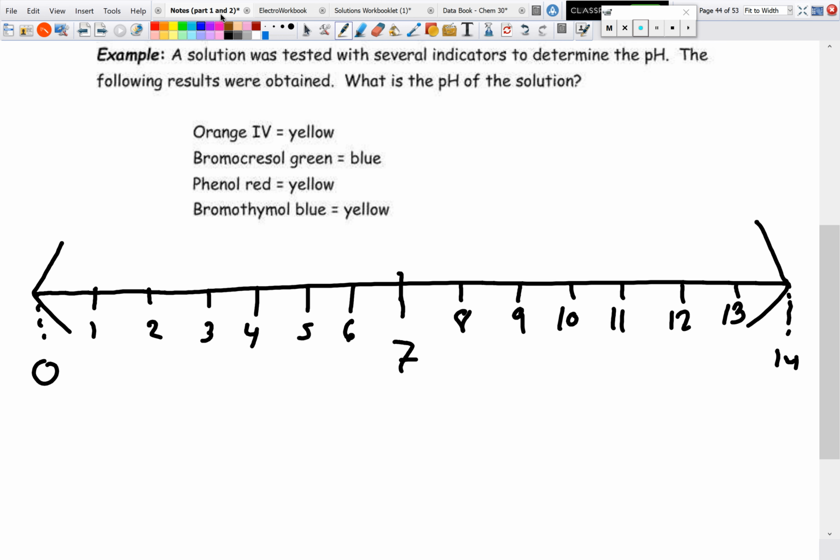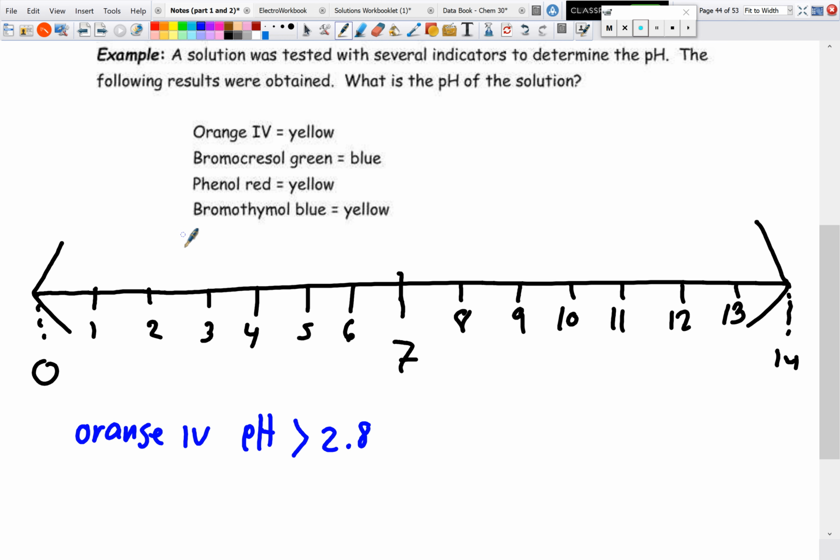So we know from this one right here, with our orange 4, I'll just write this in here. So orange 4, pH is greater than, was it 2.8? So that means from our orange 4, it cannot be anything below 2.8, right?